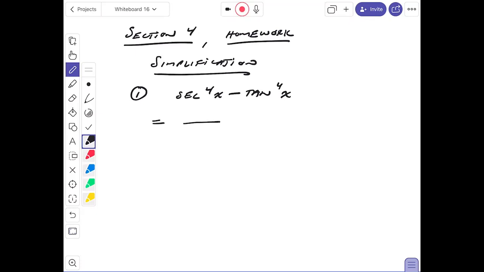So it's going to be 1 over cosine to the 4th power x minus sine to the 4th power of x over cosine to the 4th power of x. I'm going to keep going. It's not a factorization, by the way. But let's write this: it's going to be cosine 4th power of x, and we get 1 minus sine 4th power of x.